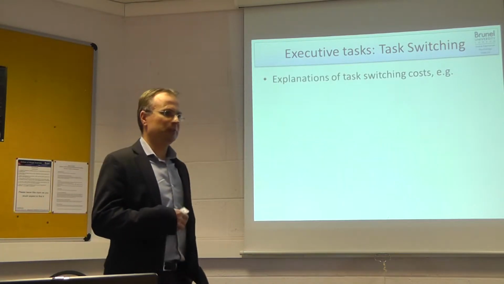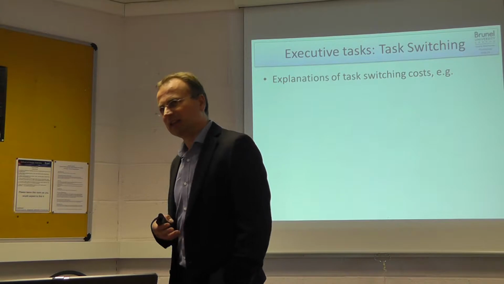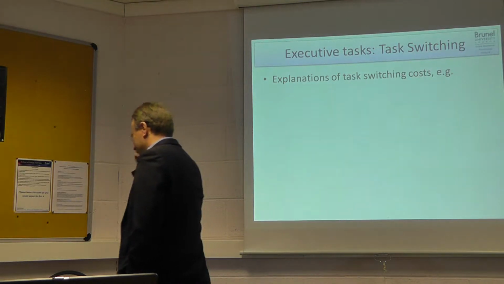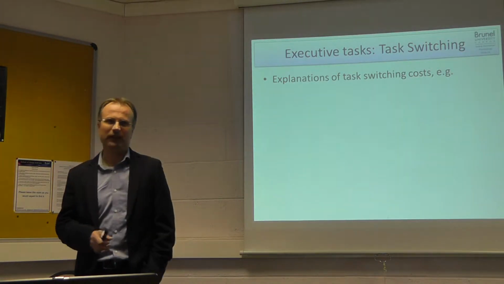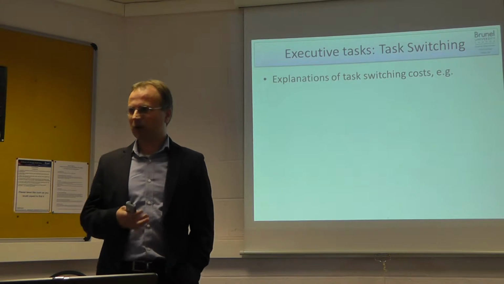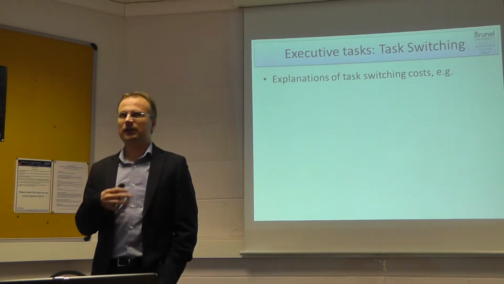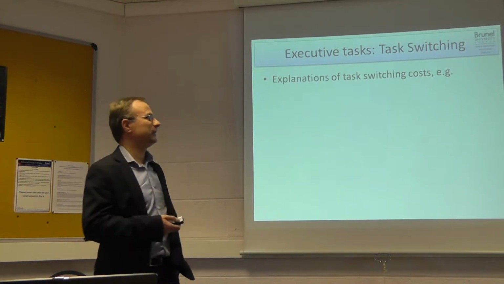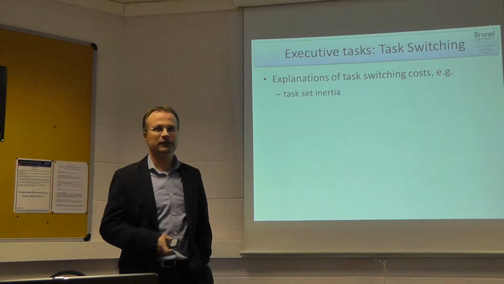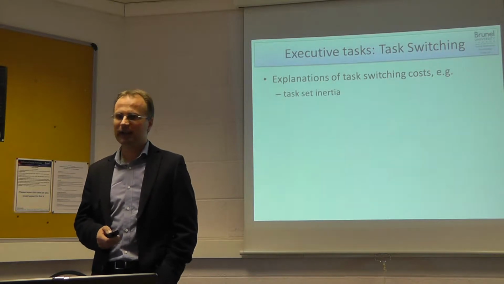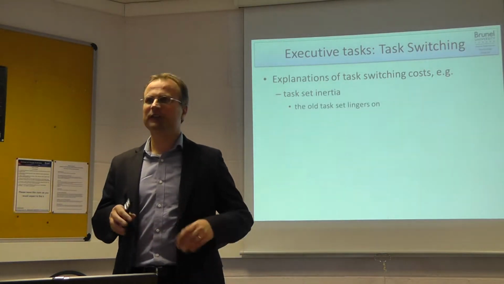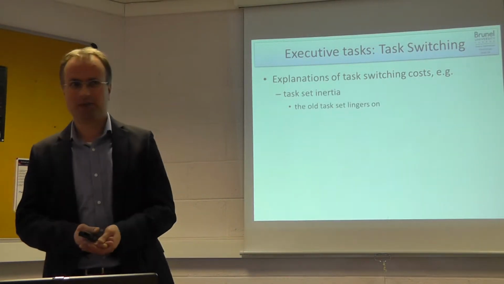So how do people explain these task switching costs? There are a number of accounts of what these costs are due to, and two exemplary accounts are, one is called task set inertia, and that means basically the old task set lingers on.